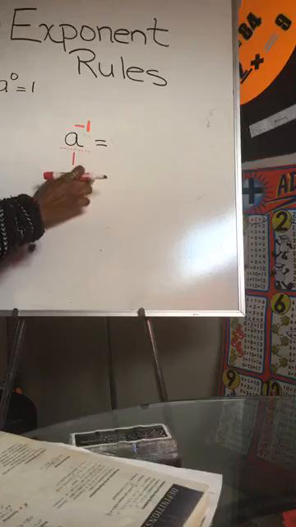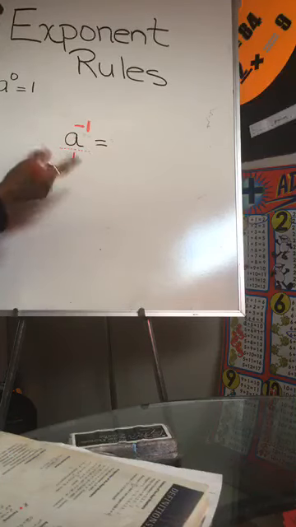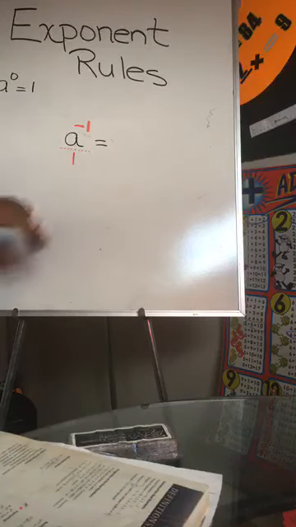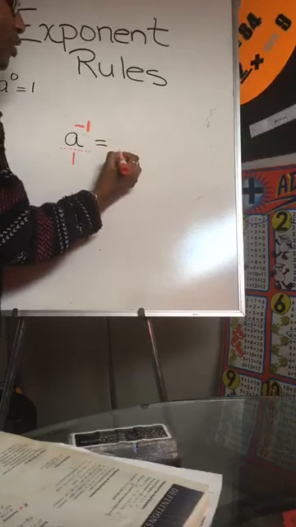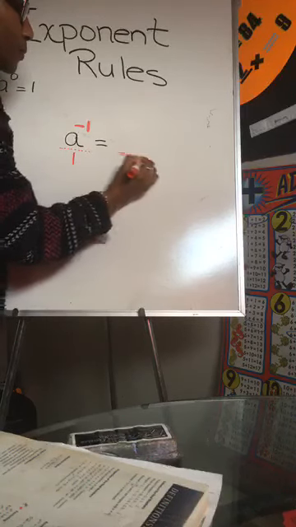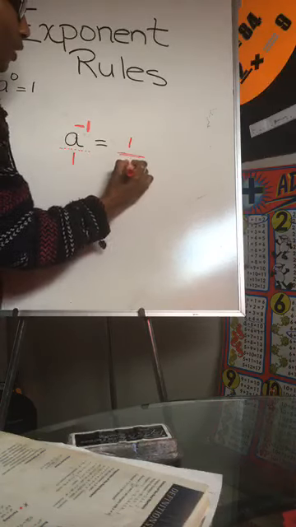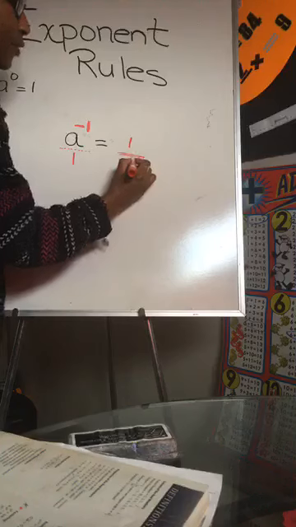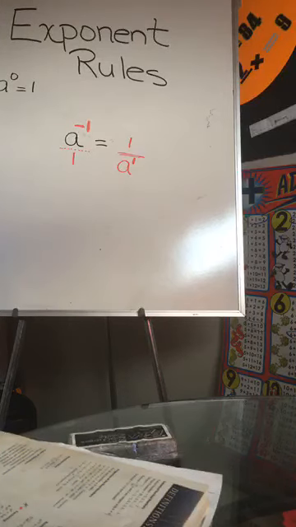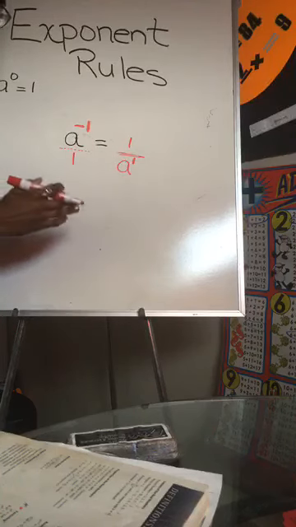So what we're going to do here is something called the flip or the reverse or the reciprocal of it. So what's the reciprocal of a to the first power? It is 1 with a to the positive first power. Okay? And in algebra, we drop the 1 because it's understood.